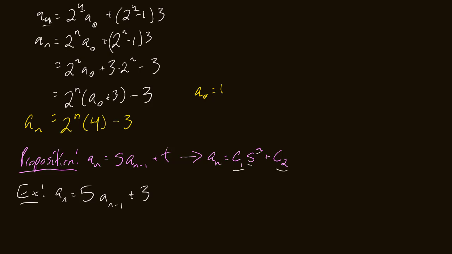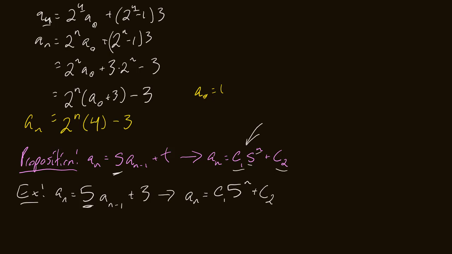So in this case, s is equal to 5. Looking at what I proposed, a sub n should be equal to c1 times s to the n. Well, s is 5, so 5 to the n plus c2.